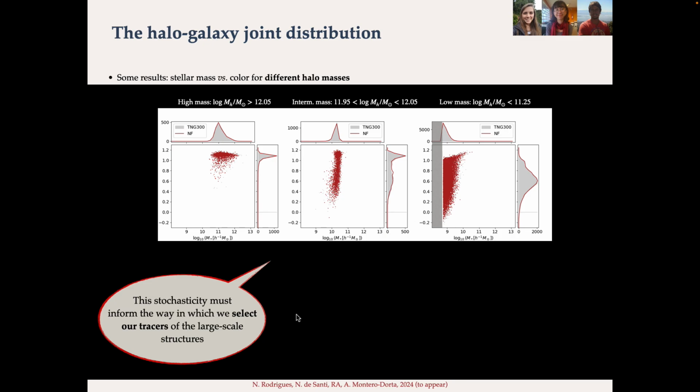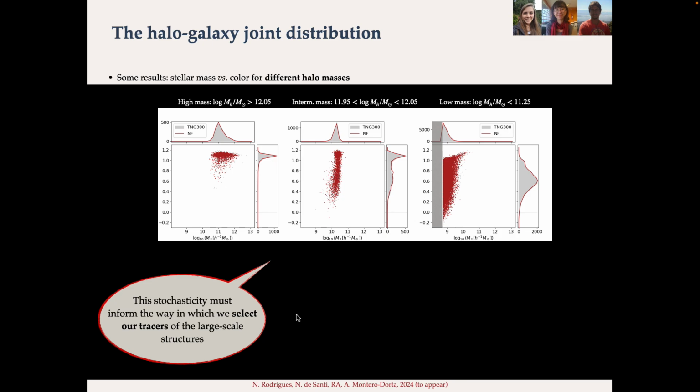The point is that you have a huge number of features that influence how galaxies form and how their star formation history evolves, and this cannot possibly be contained in any reasonable number of halo properties or even environmental properties that can be fed into any kind of machine learning or semi-analytical model that can eliminate this stochasticity.